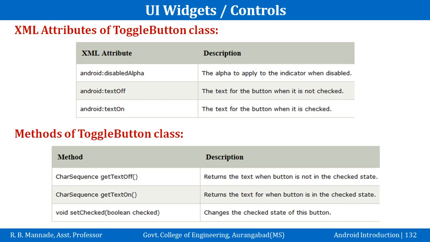It means if this boolean value is true, then the state of that particular toggle button will be the on state or checked state, and whenever the value of this boolean variable is false, then the state of the toggle button will be the off state, or it will be in the unchecked state.